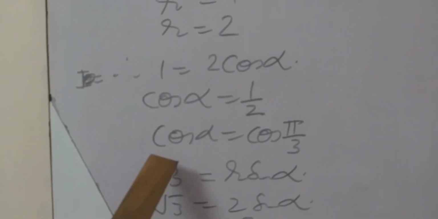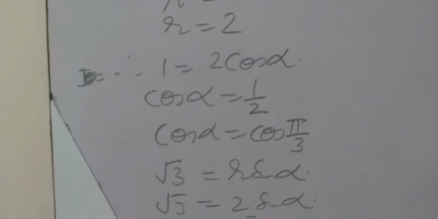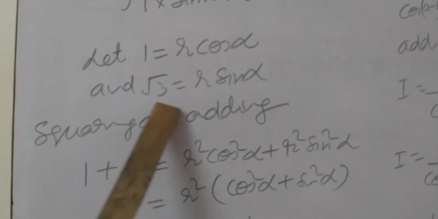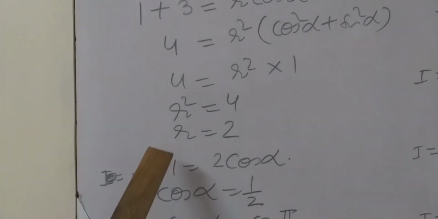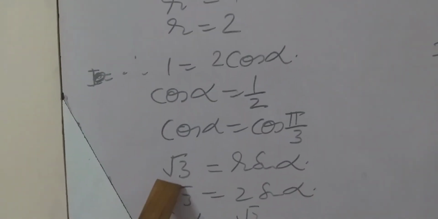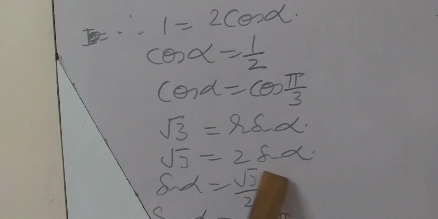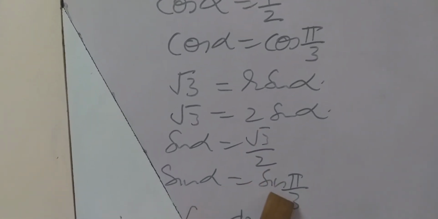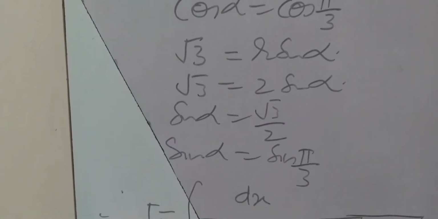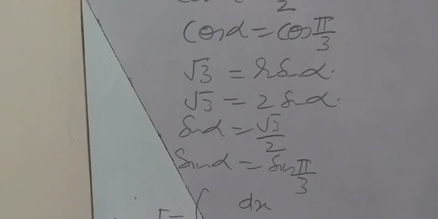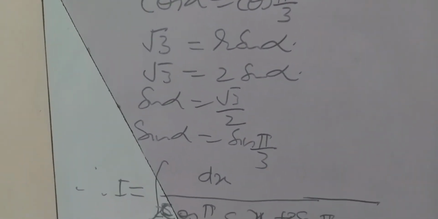Similarly, root 3 equals r sin alpha, so root 3 equals 2 sin alpha. Sin alpha equals root 3 by 2, which is sin pi by 3.